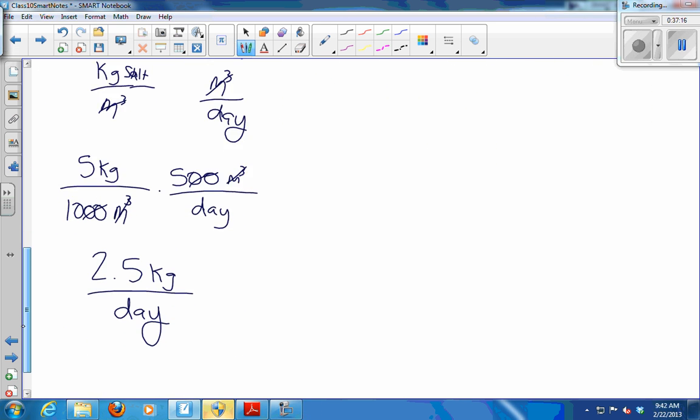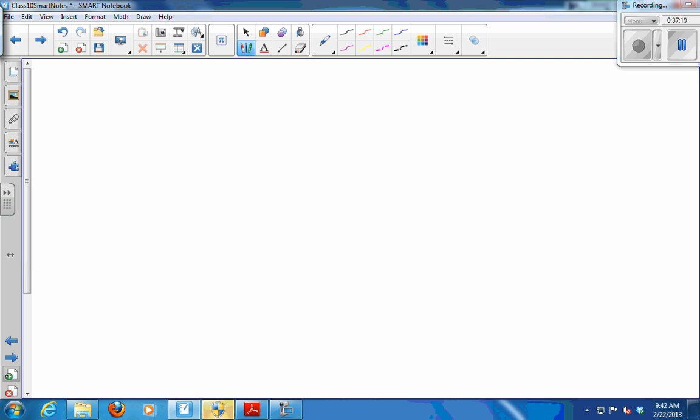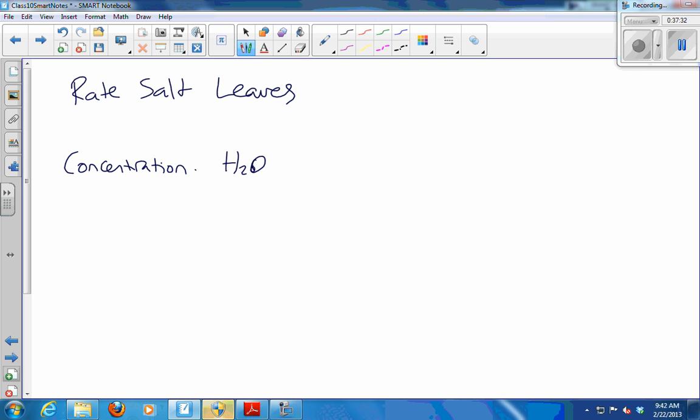All right, now the rate that salt is leaving, let me get a new page here. Same thing, it's going to be concentration times the water speed. So how do I measure the concentration of salt in the whole pond? Yes, this would be the amount of salt divided by the volume of the pond.